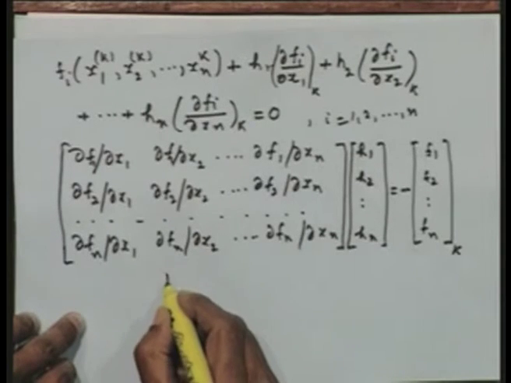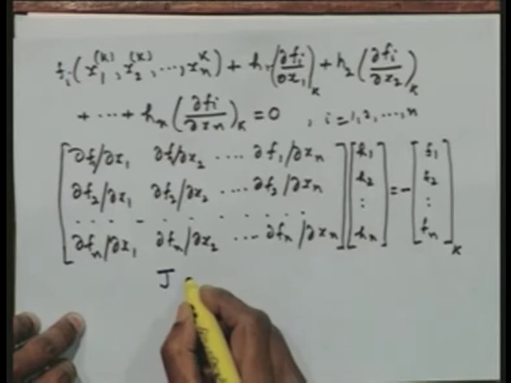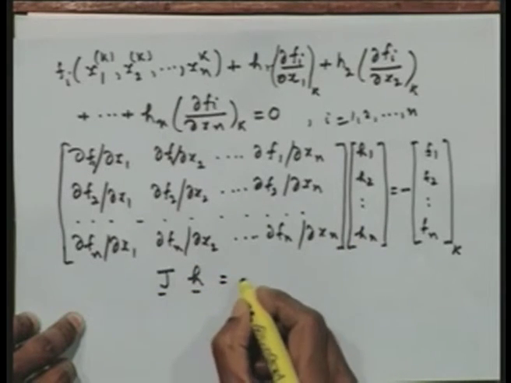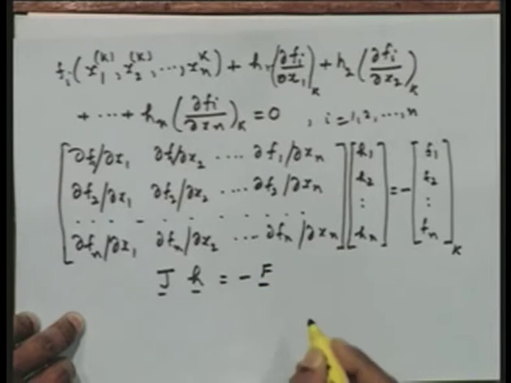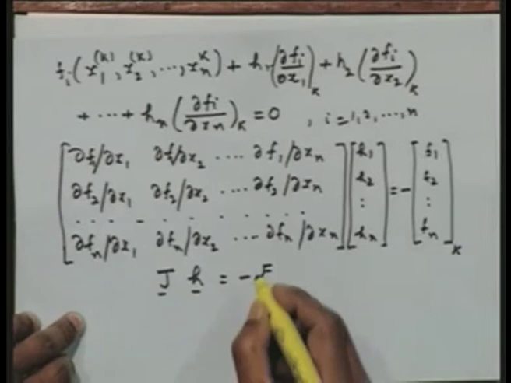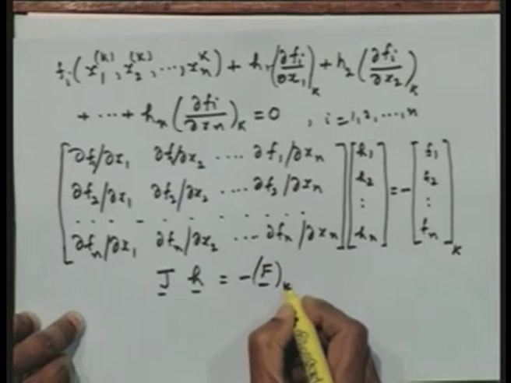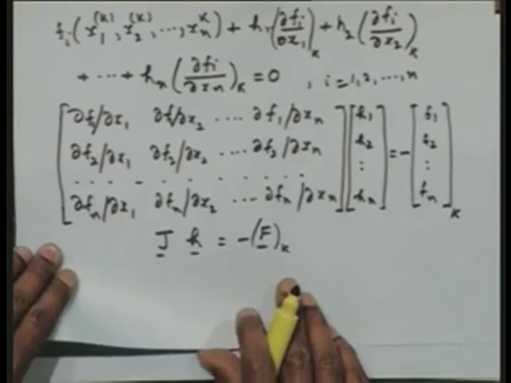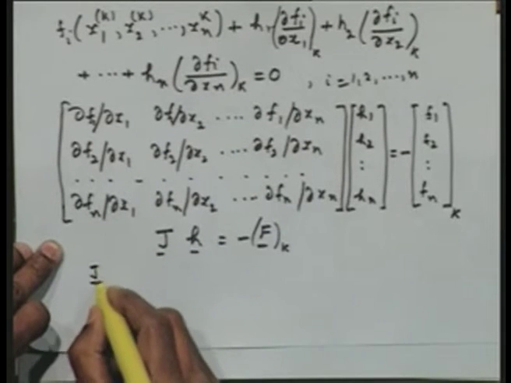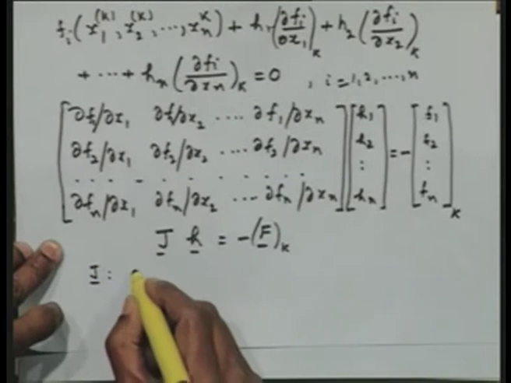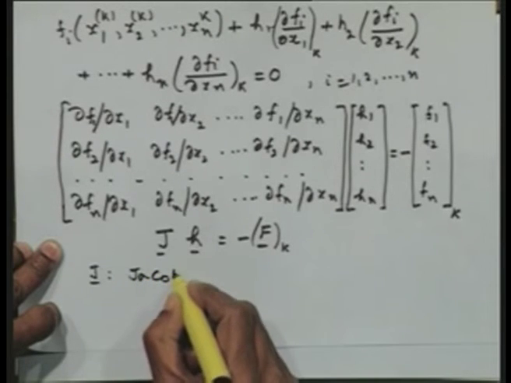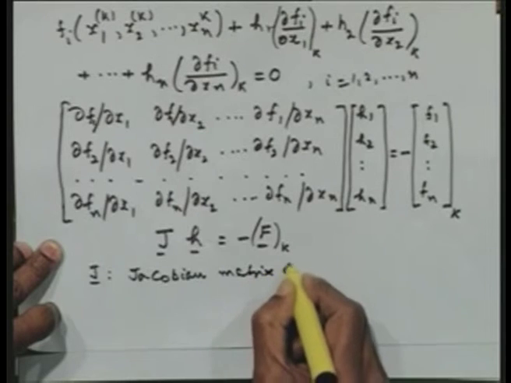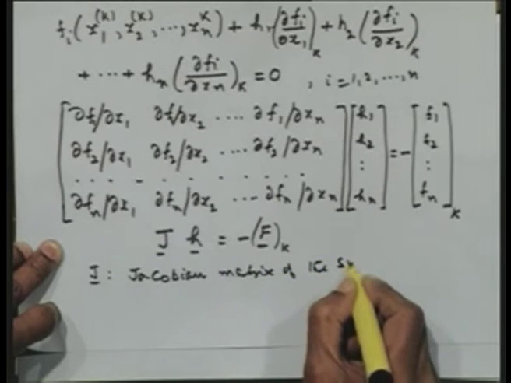This matrix, if you denote it by J, this vector by h, and the right hand side, let us call it F, F is evaluated at k, so I can put it as F evaluated at k. This J is called the Jacobian matrix of the system.